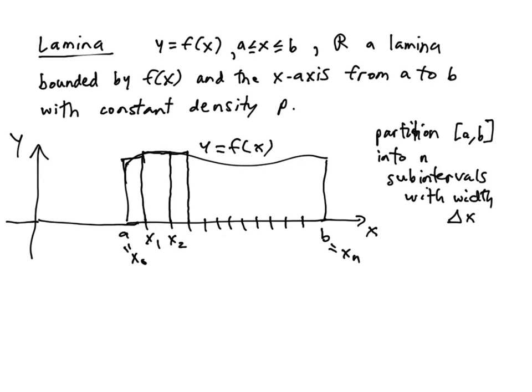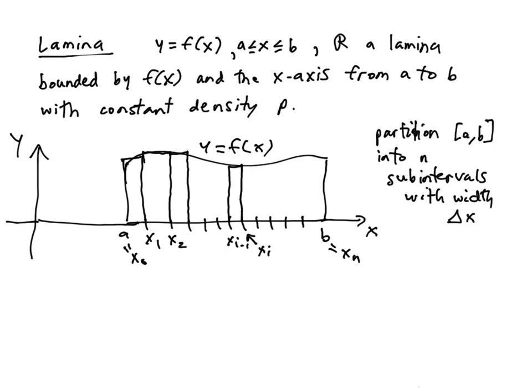Let me go ahead and do everything with the following case. So here is my x_{i-1}, and this is going to be my x_i. And so let's look at this rectangle right here. Now, of course, we always have the idea of what height of this rectangle are we going to use.